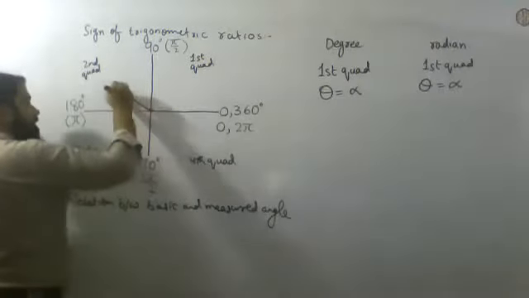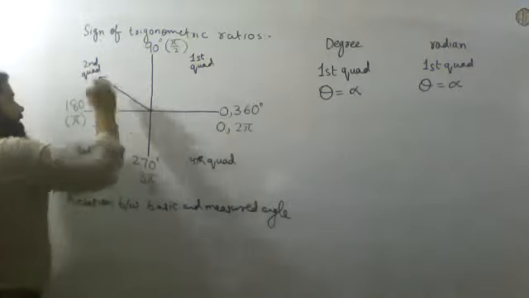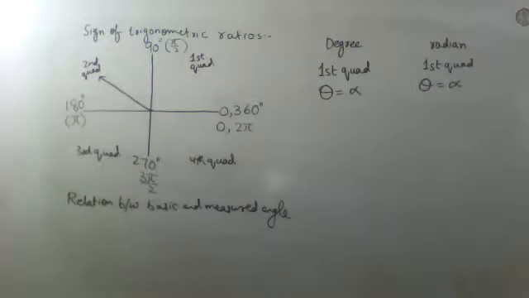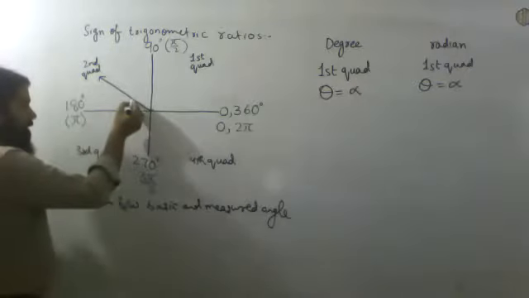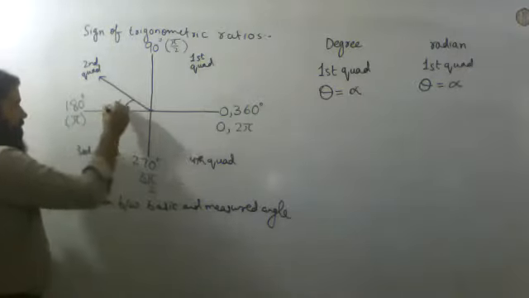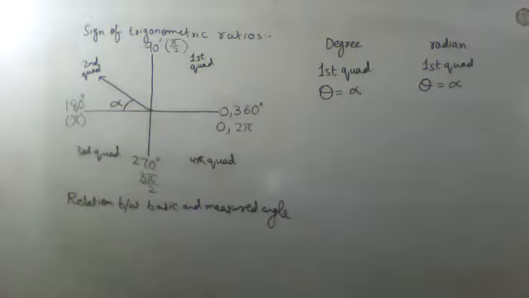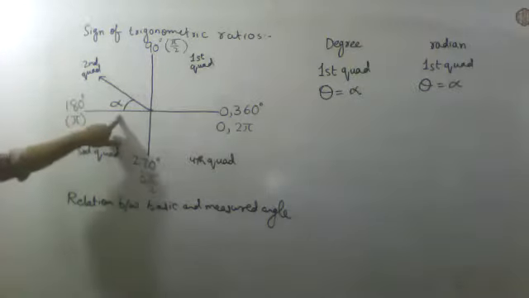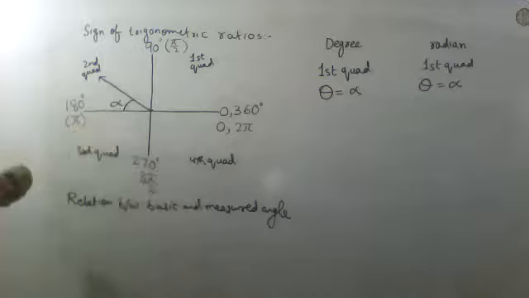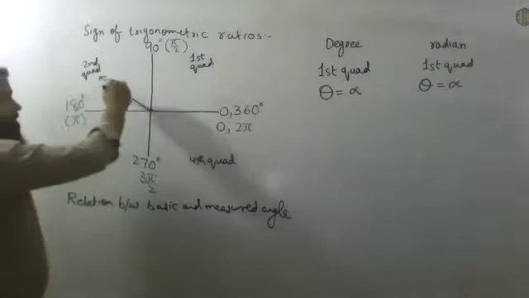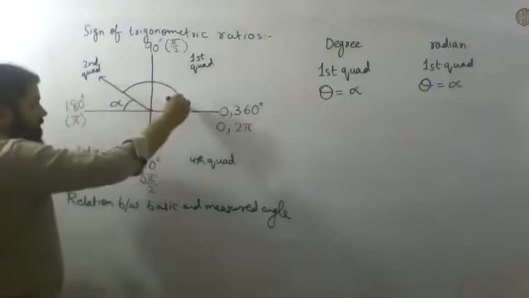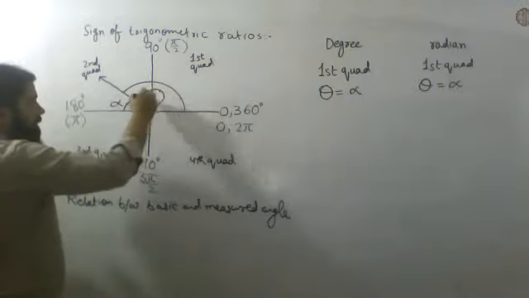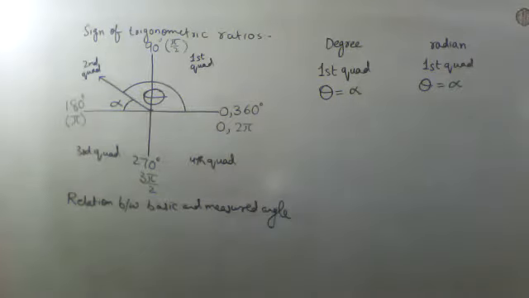Now, for instance, I have got a line over here. So what will be the basic angle? The basic angle will be closest to the nearest x-axis. So now the nearest x-axis is this, but measured angle is from the positive x-axis.